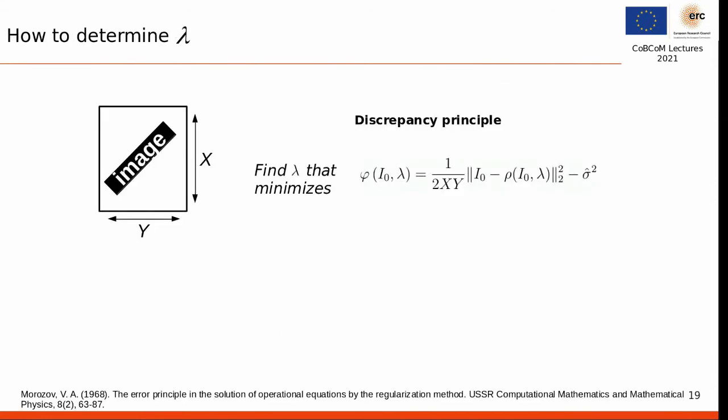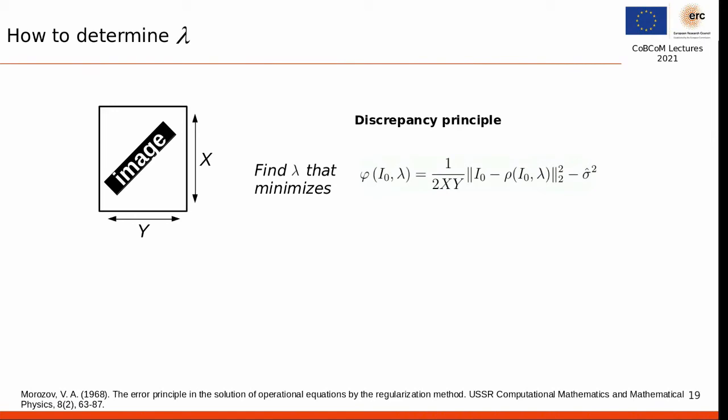However, we are still left with the problem of determining what is the value of lambda. So typically, what's often done is to use the discrepancy principle, which states that we need to find the value of lambda that minimizes the formula you see on the right.